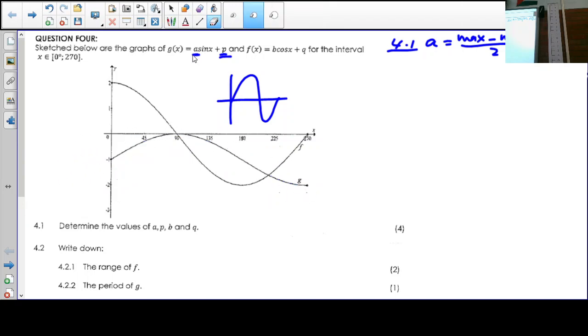Now, if A is equal to 1, does g of x look like this graph here? No. There's a shift in this graph. How many units did the graph shift down, people?